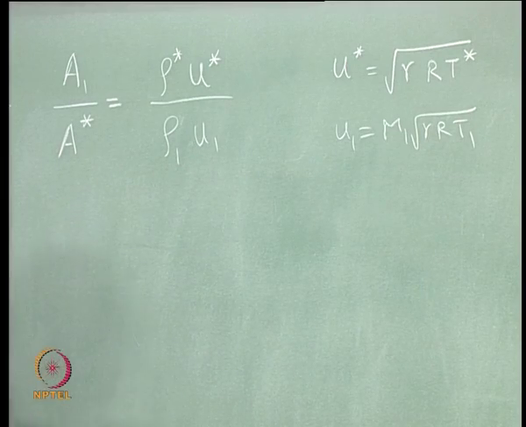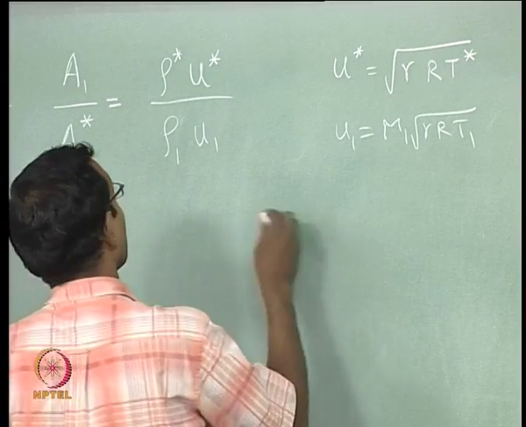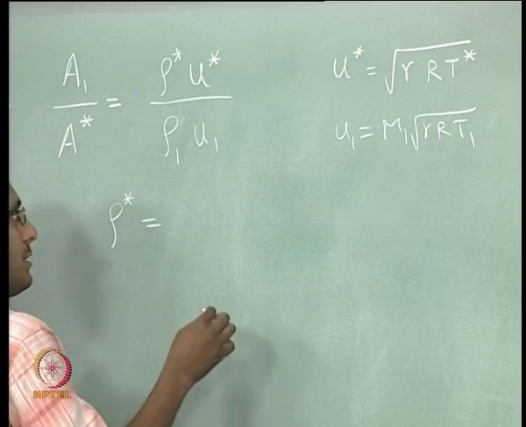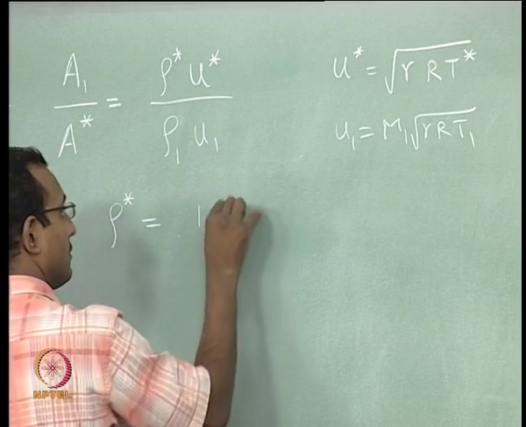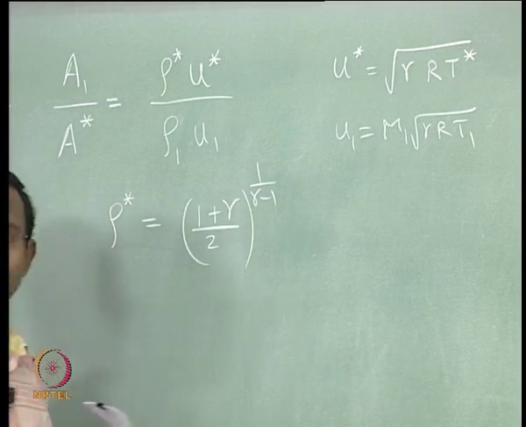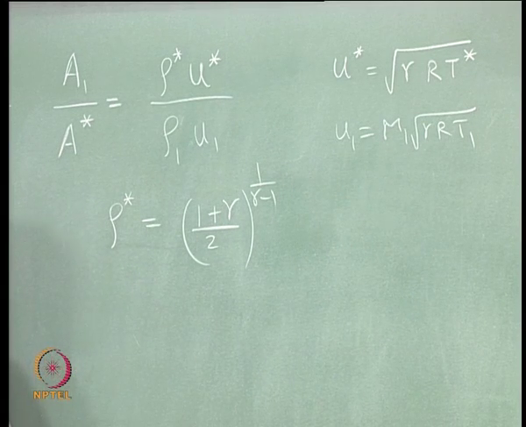I can write these two, that is just the direct definition of Mach number giving you the answer. Rho star, from our expression, we already did this, we can write it like this.